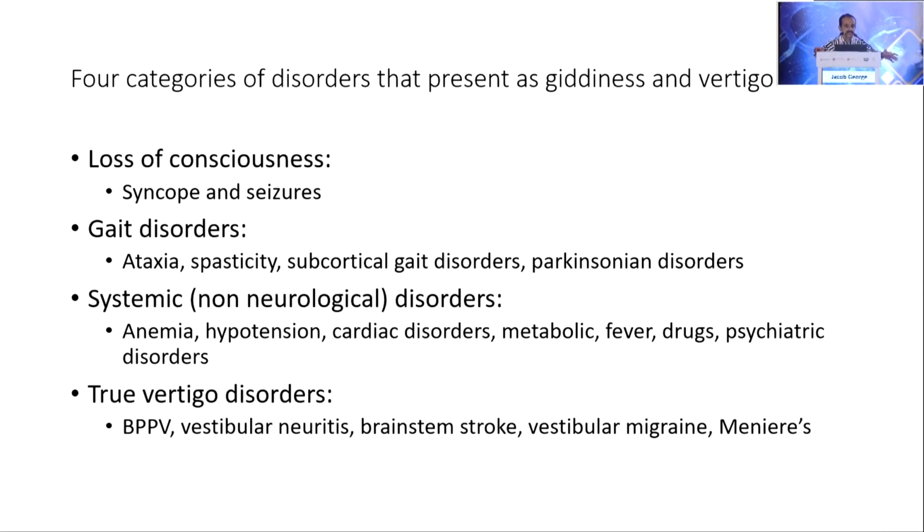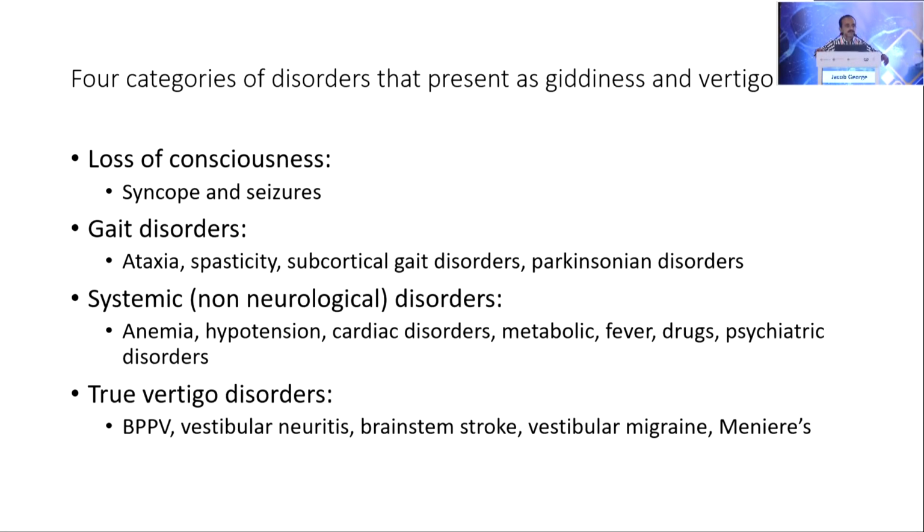Patients complain of vertigo, for example, in syncope and seizures. Patients say it is vertigo. Many gait disorders like ataxia or subcortical gait disorders or Parkinsonian gait, patients say they have vertigo. Many non-neurological conditions like anemia, hypotension, cardiac disorders, metabolic abnormalities, fever, all of them patients say vertigo.